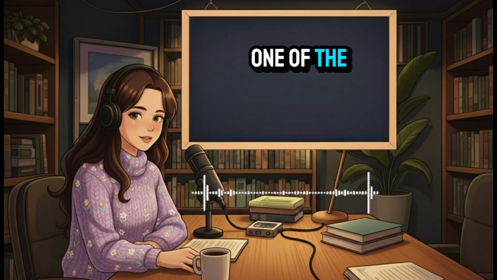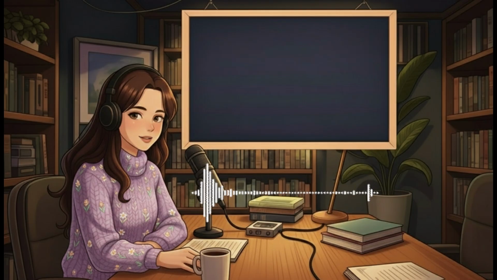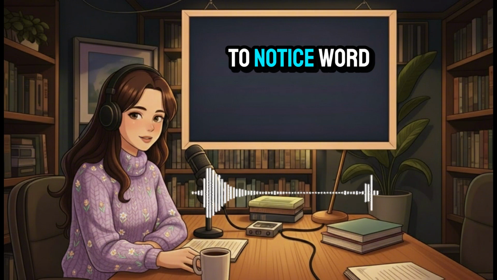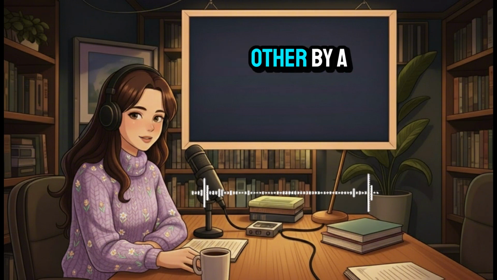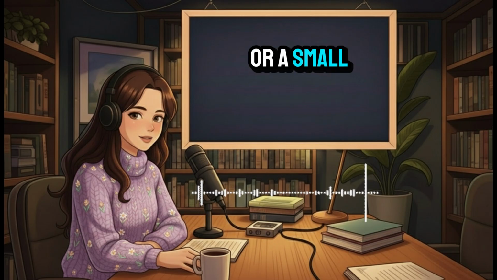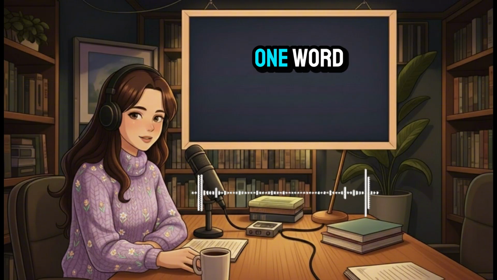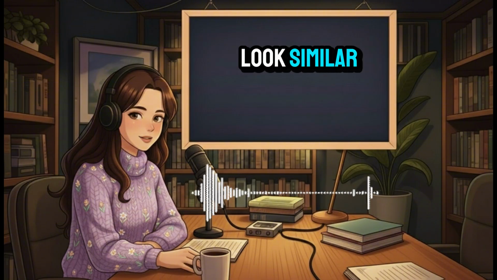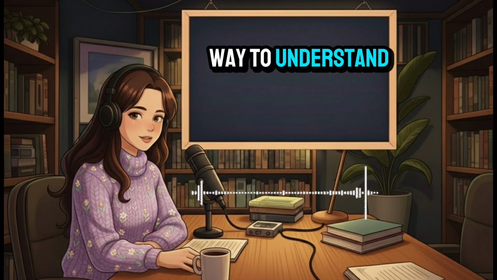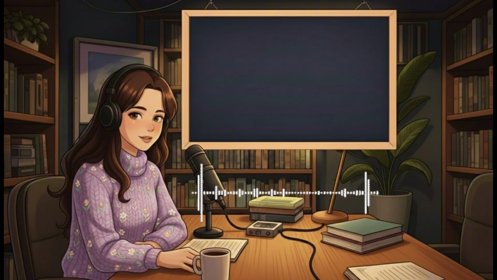One of the strongest skills you can develop as an English learner is the ability to notice word families. Many words are connected to each other by a root or a small piece that carries meaning. Once you learn one word, you can guess the meaning of many others that look similar. This is another way to understand words without depending on a dictionary.